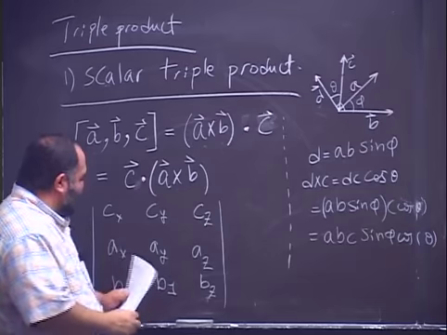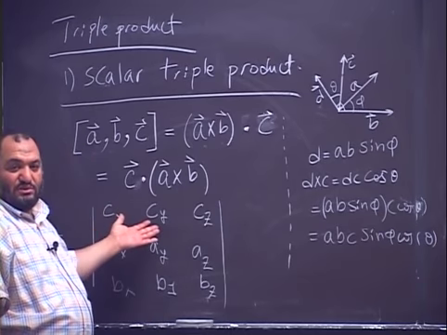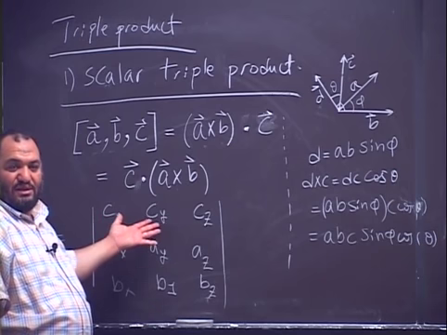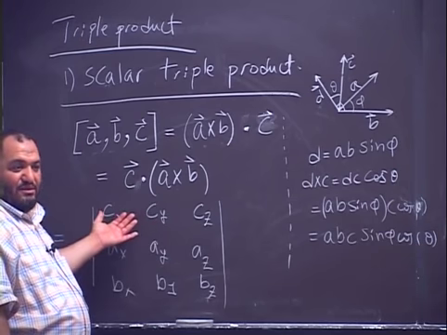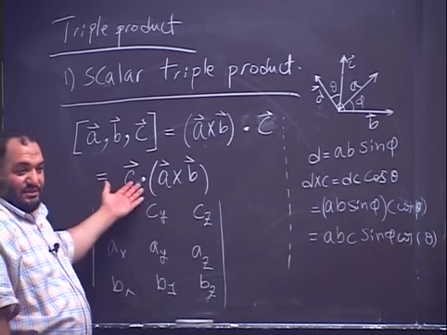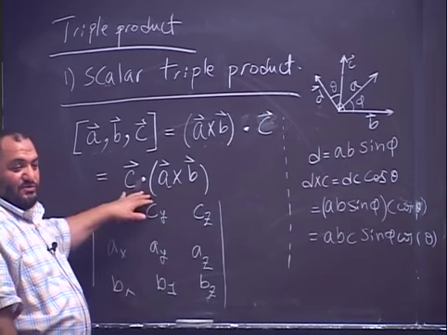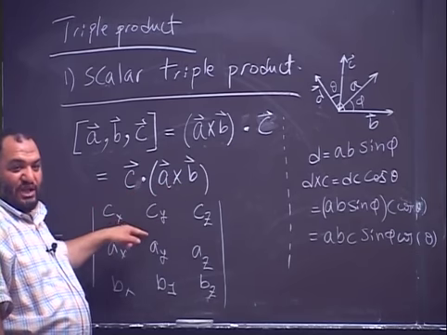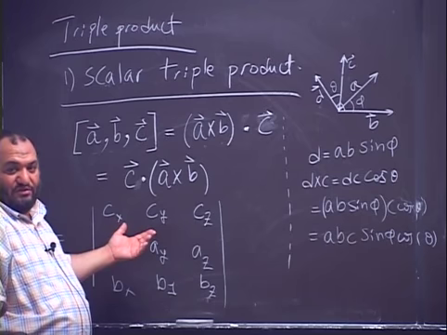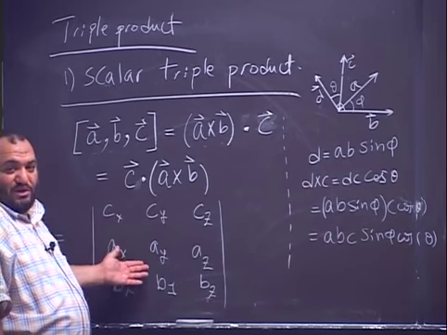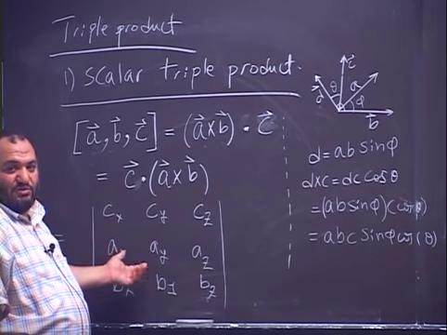Somebody will ask, what about the components I, J, K? Because this is a scalar product, this is a scalar and this is a vector. A vector dotted with a vector will give you a scalar, so you do not expect to see I, J, K, because this is no longer a vector. So when you decompose this determinant, you will not get any I, J, K. It will be a scalar quantity.